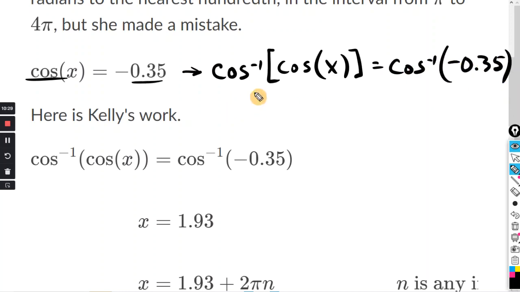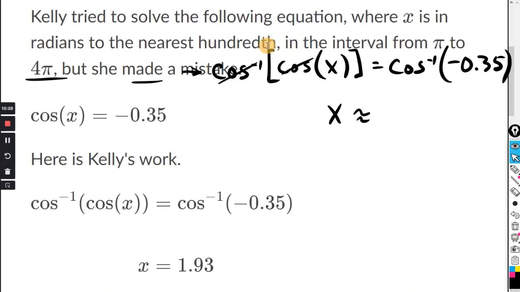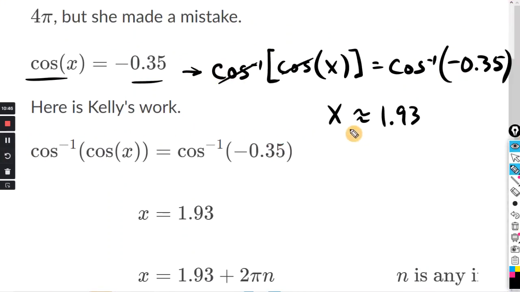On the left, inverse cosine and cosine are gone. And this I'm going to do on the calculator. You have to make sure this is in radians. All right, so you need to be set to radians. And I get x is 1.93. So far, so good. Okay, sometimes the mistake is right there in that step.